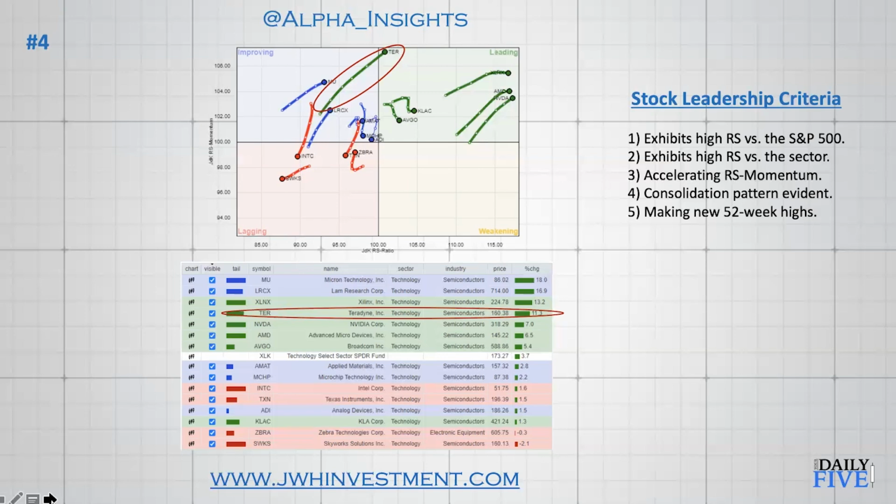So we're really looking at stocks that are exceeding the S&P 500 on a relative strength basis, that are exhibiting high relative strength versus the sector itself and versus the industry group with accelerating momentum. And the other characteristics that we really want to focus on are stocks that are in consolidation breakouts and making new 52-week highs.